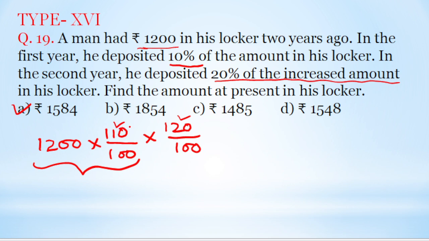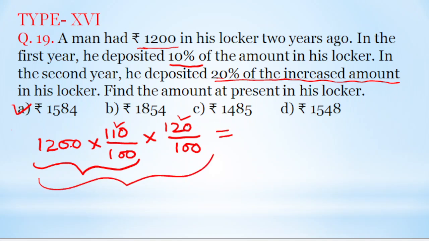This 110 comes from 100 plus 10, because in the first year it is increased by 10%. And this 120 comes from this 20%, because in the second year he deposited 20% of the increased amount. That means this is 100 plus 20. So then this is the amount after second year.